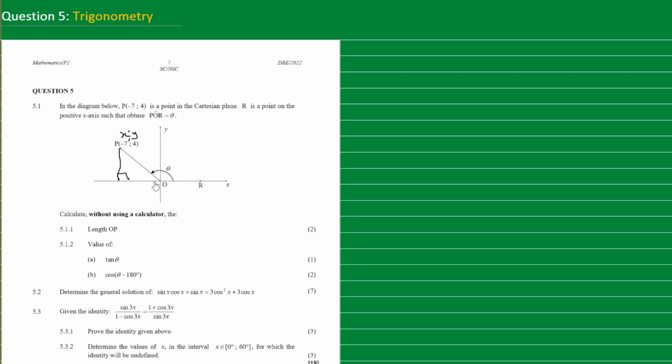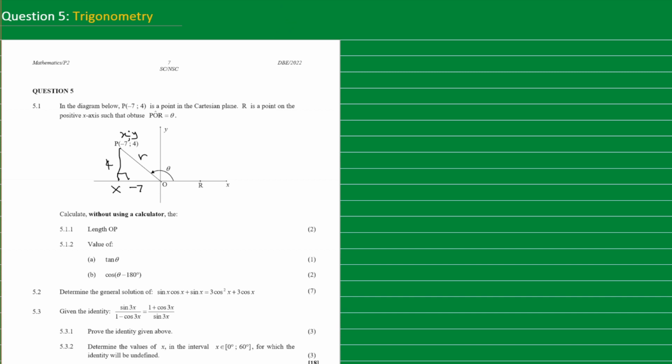This will give you the length from O to that point. We can call it x. That will be -7, and the y value is 4. So basically we have a right angle triangle with sides -7 and 4. Now OP will be our hypotenuse, which is what we are calculating. We can call that r.